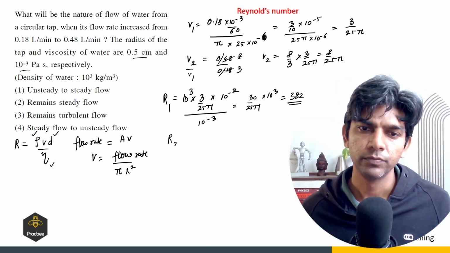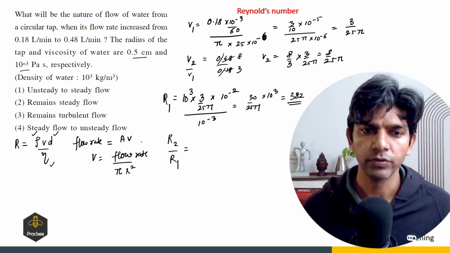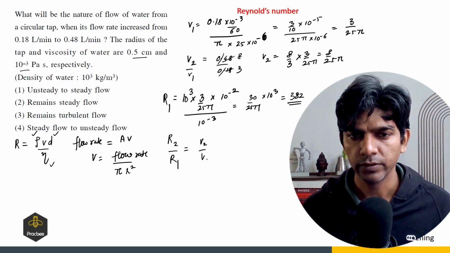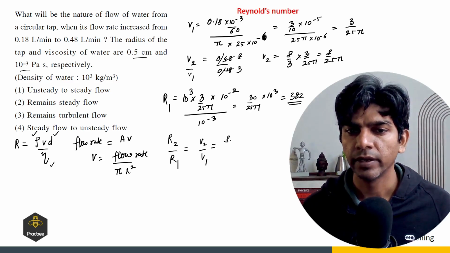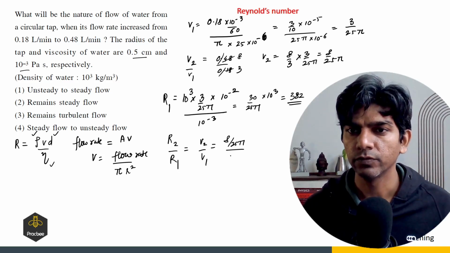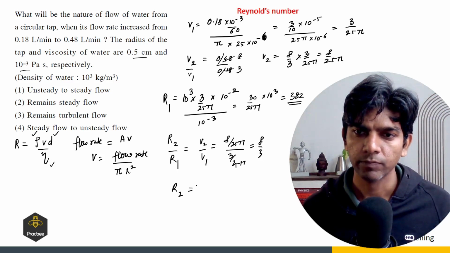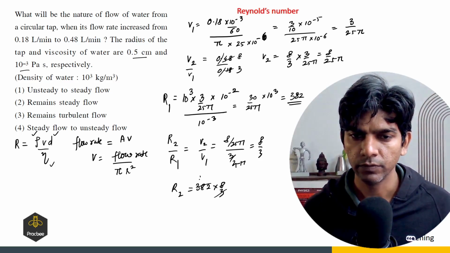And R2 by R1, it depends only upon the velocity because rest of the things are same, right? So it will be V2 by V1. V2 is 8 upon 25 pi, V1 is 3 upon 25 pi, so that will be 8 by 3. So R2 will be 382 times 8 by 3, so this will be 1017.